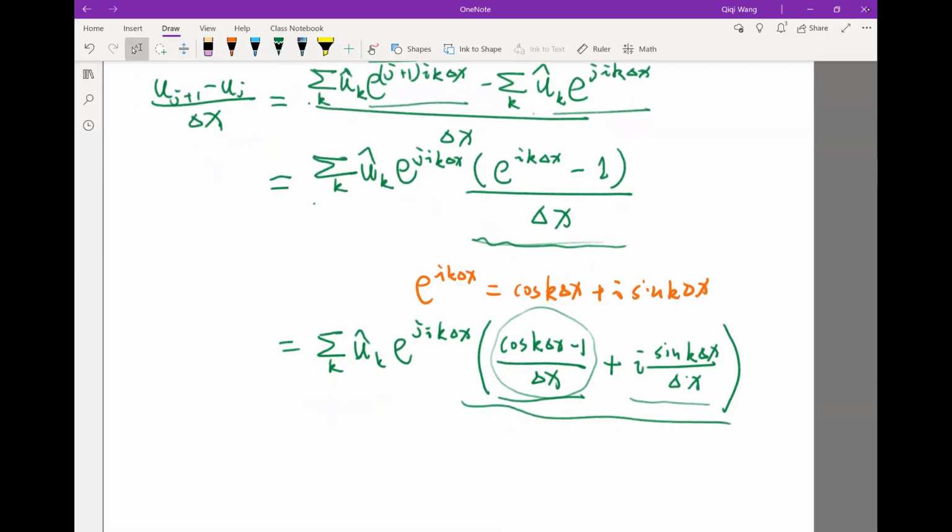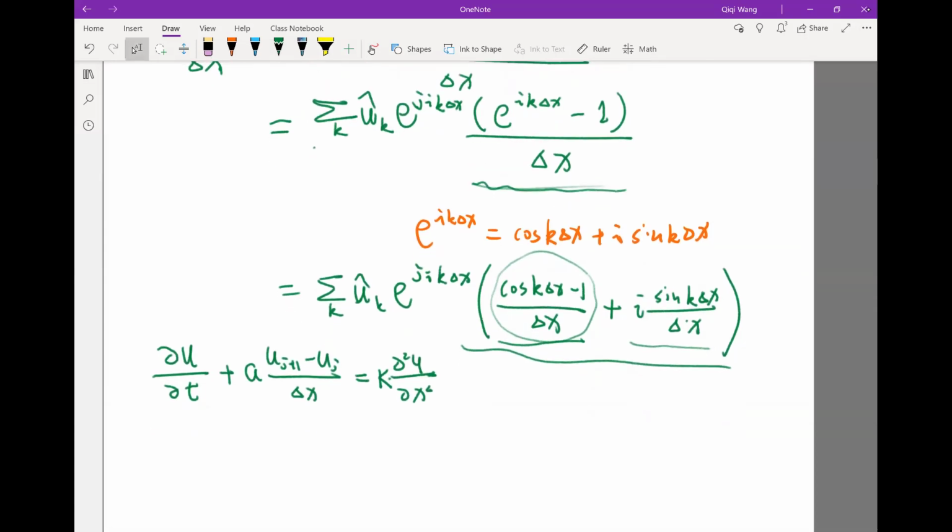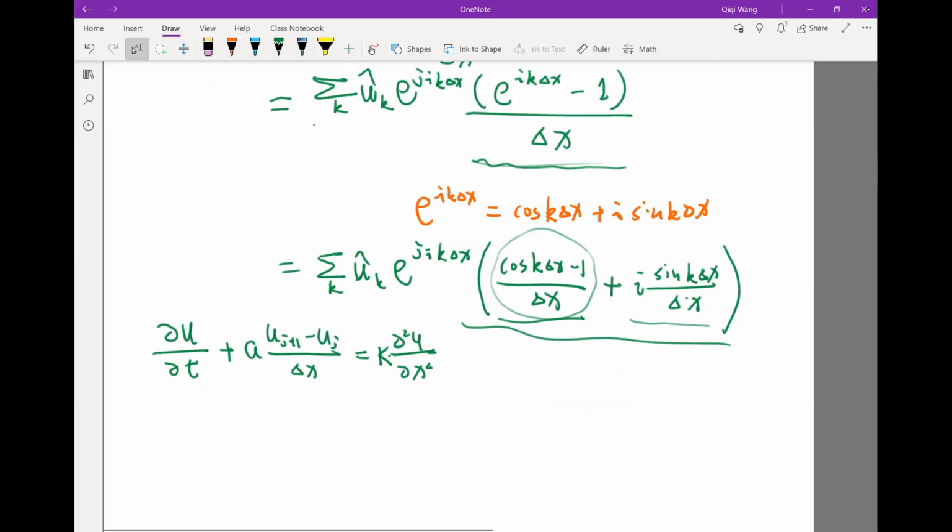So instead of the exact differential equation, what if we have du dt plus a times this finite difference equal to the second derivative? Then if we plug in all these Fourier series and match the coefficients, now this contributes to the coefficient, right? It's no longer the ik.